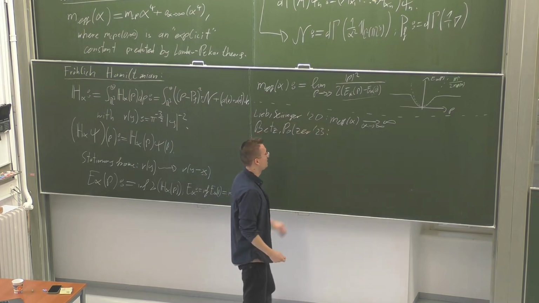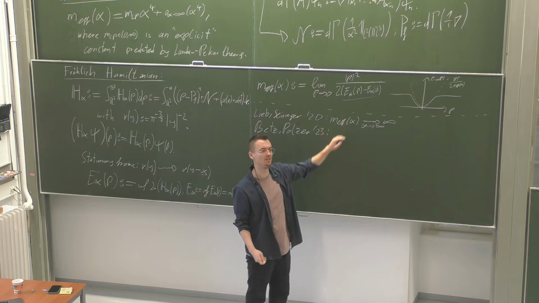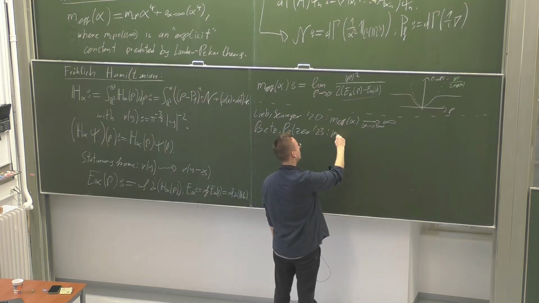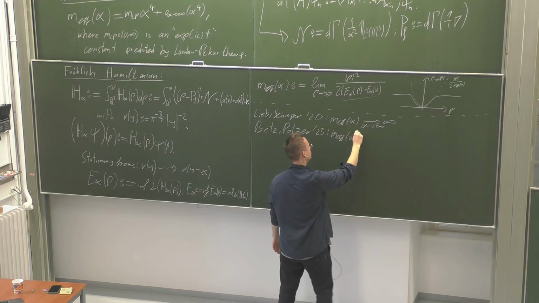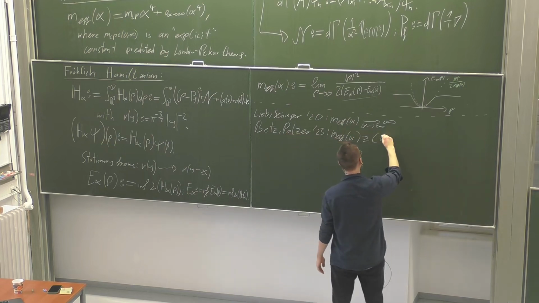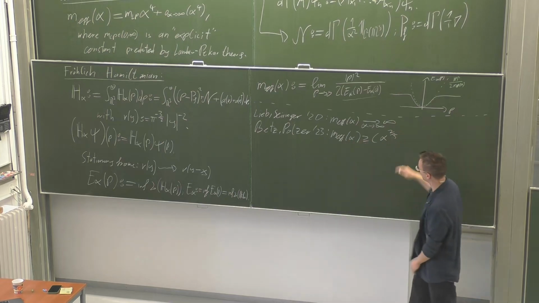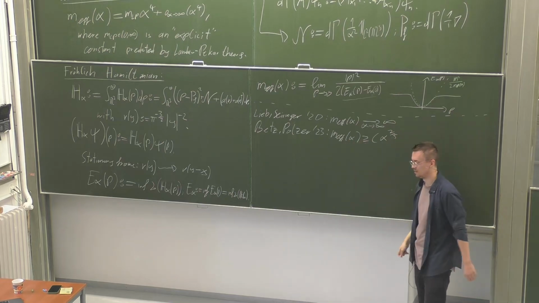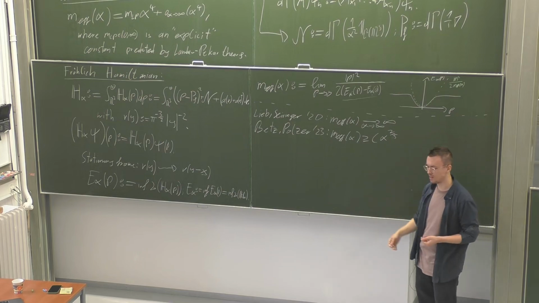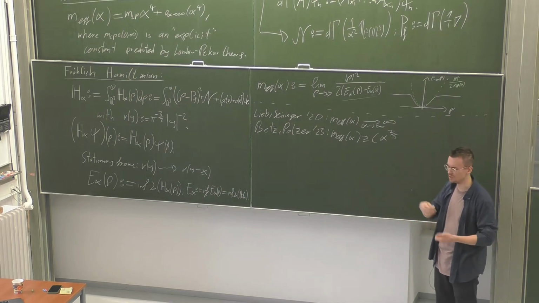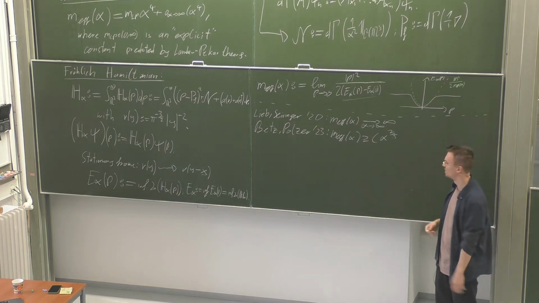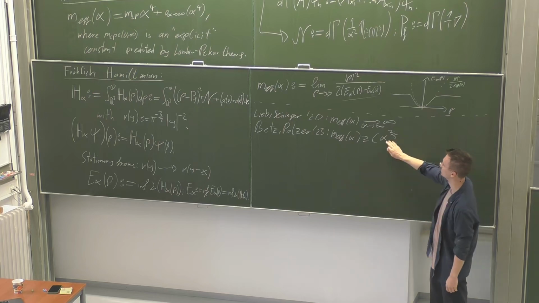And they improved this result by giving a rate. So they actually show that this is greater or equal a constant times alpha to the power 2 over 5. And I think one of the most interesting things is that they used by functional integration some renewal processes. So they introduced some clever processes to get to this divergence.